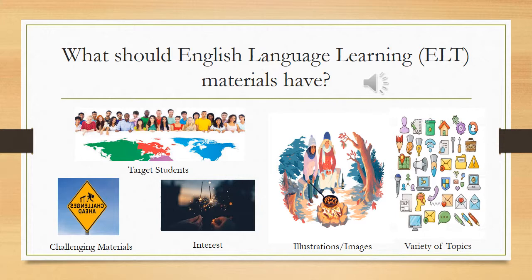And finally, of course, they should have a variety of topics that allows the students to have different points of view, and they also can choose different resources that interest them. So I think these are the 5 most important characteristics that the materials should have.